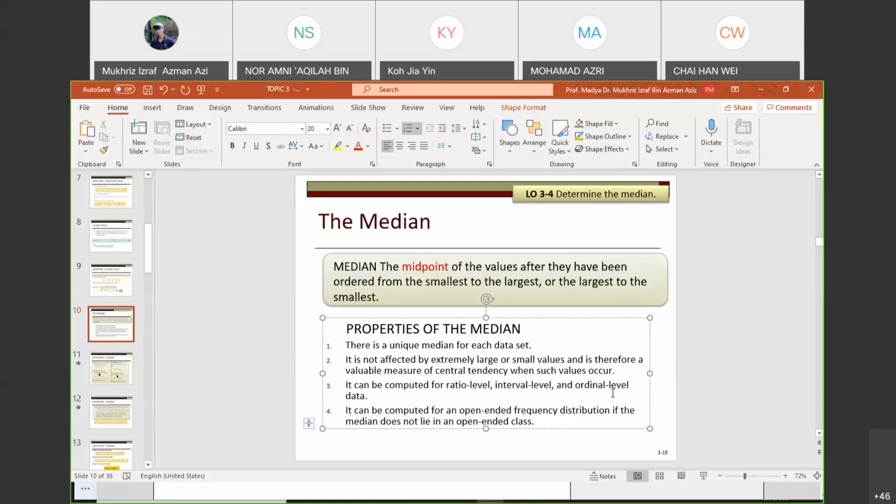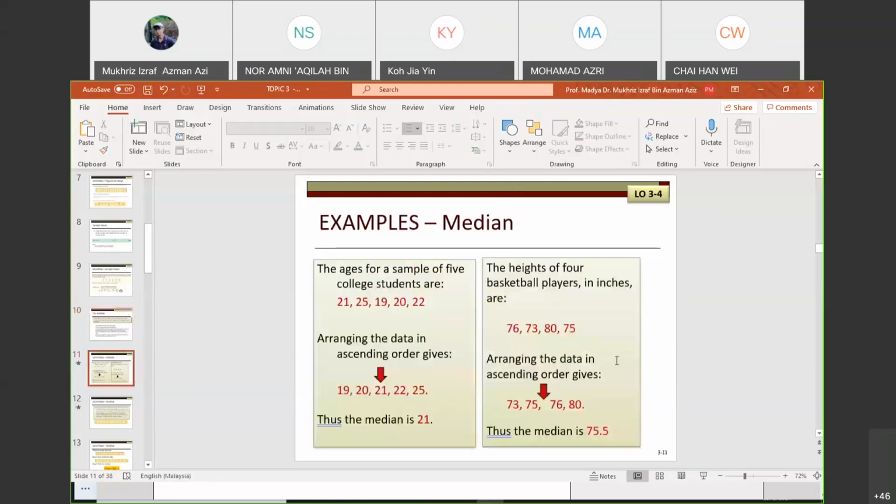So let's see how you can calculate the median. I'm sure you have done this before. If you have a set of numbers, you just arrange from smallest to highest, and the number in the middle will represent your median.